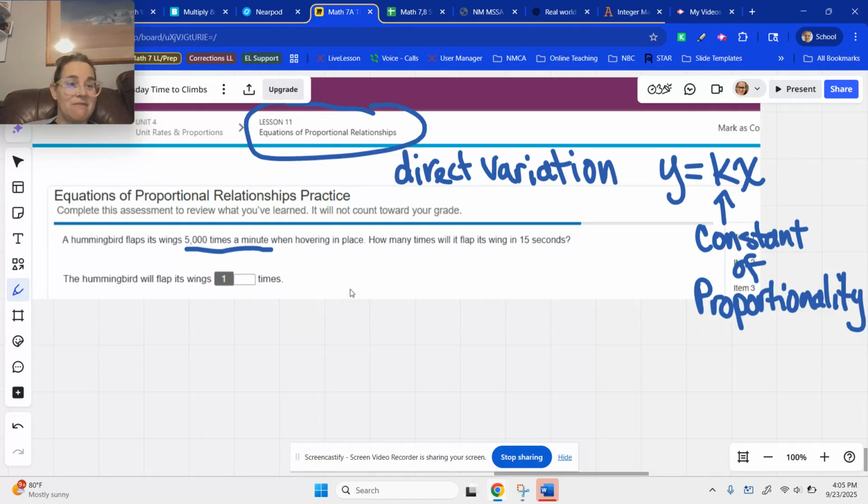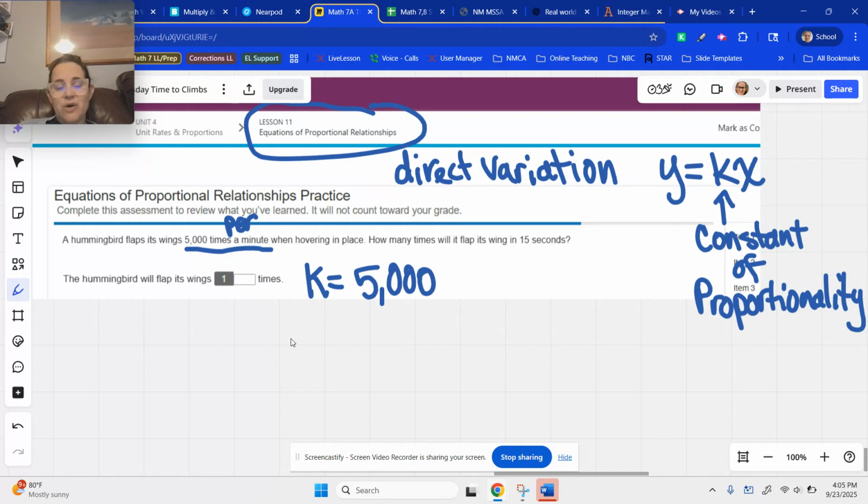Here's what they have: 5,000 times a minute. We could replace a with per, and then it would be that unit rate per minute. So that's our k. k equals 5,000.